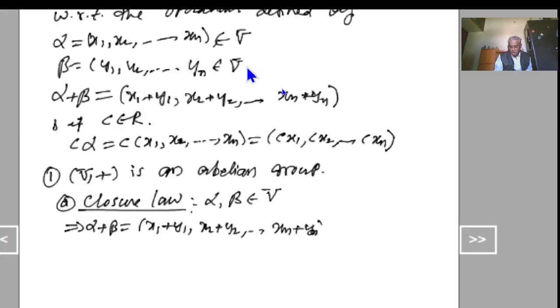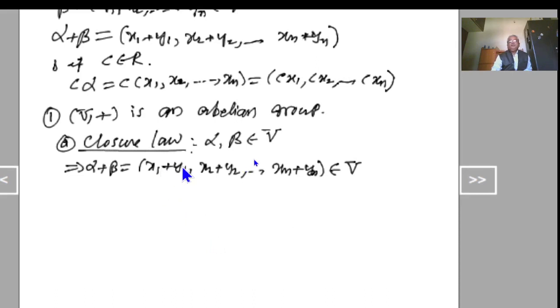Does this belong to V? Yes, definitely, because this is an ordered n-tuple and each term x1 belongs to R, y1 belongs to R, therefore x1 plus y1 also belongs to R. This is a real number. So this is an ordered n-tuple and each term is a real number, therefore this belongs to V. That is, closure law is satisfied.